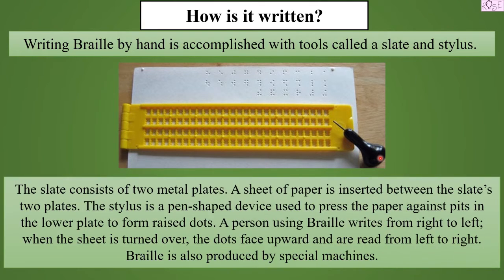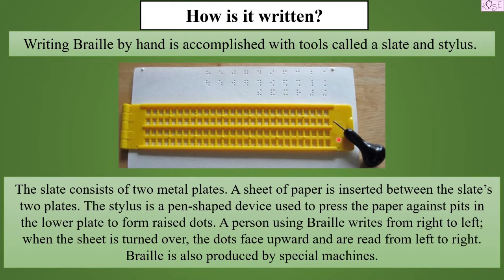So how is it used? The slate consists of two metal plates. So this is a metal plate, and underneath the paper there must be another metal plate. A sheet of paper is inserted between the slates. So we can see in the picture as well, a sheet of paper is inserted between these two plates. The stylus is a pen-shaped device used to press the paper against pits in the lower plate to form raised dots.